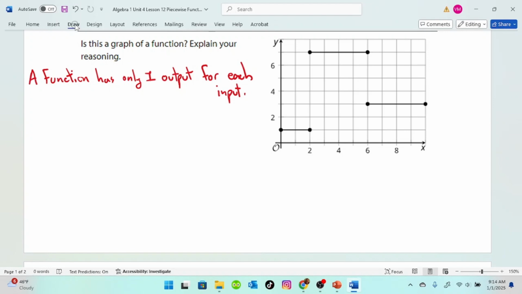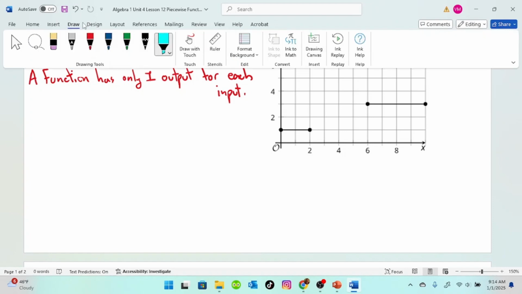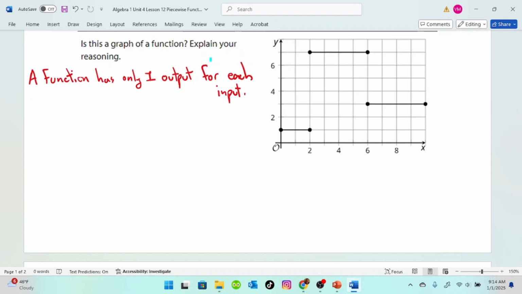So what I want to do is run across this and look at it vertically and see, is there anywhere I can hit two or more outputs with the same input? And I see that right here. When the input is 2, the output is 1, and the output is 7.